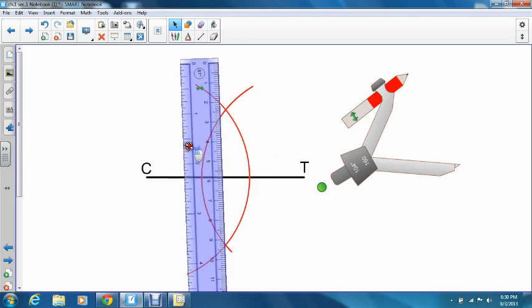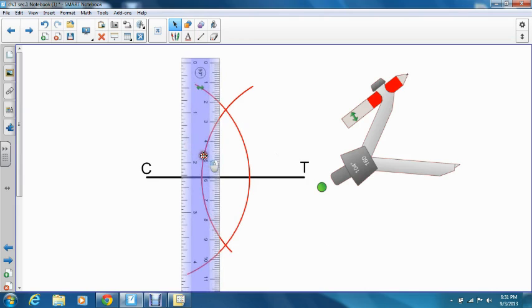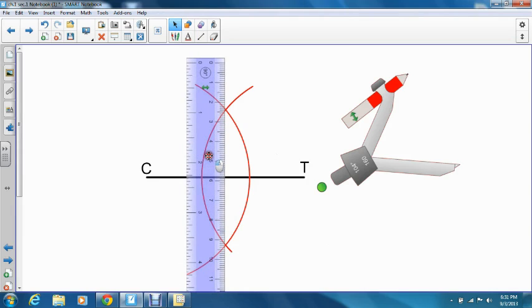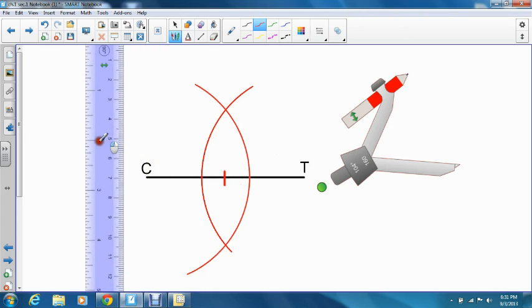If I have both arcs where they intersect, both intersection points, I can line up my straight edge, and now I know for sure that is the middle. So I'm going to put just a little marking in there. That marking is the midpoint. And I'm going to go ahead and label that point there. Okay, so that's my midpoint.